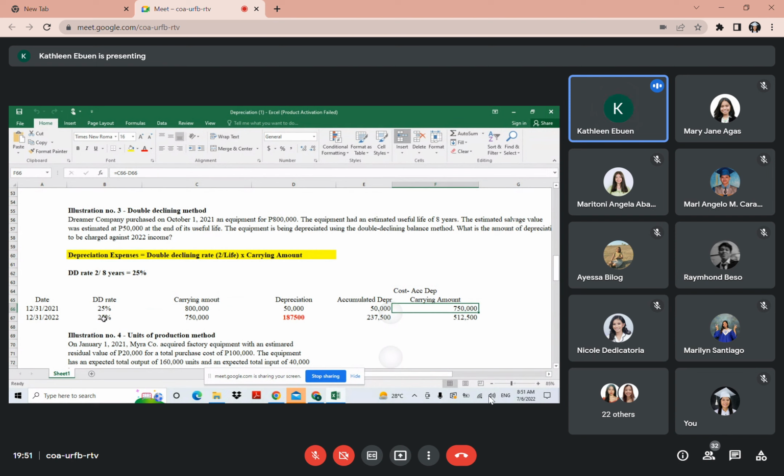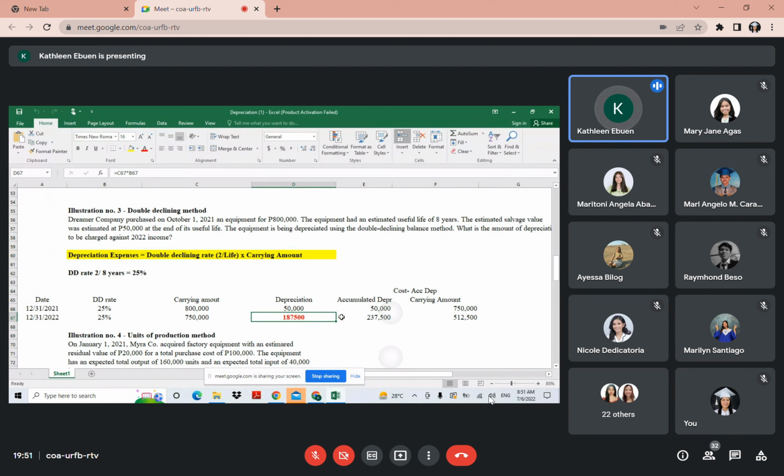Second year, 25% ulit ang ating double declining rate times the carrying amount. So, 750,000 na po times 25%. So, buong taon natin siya depreciate from January 1 hanggang December 31. So, ang depreciation po natin is 187,500. So, this is the answer for number 3. Okay.